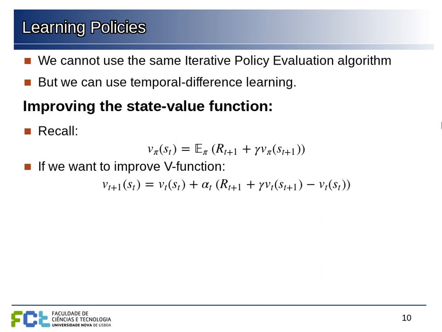So this would be our estimate of the expected return if we are in state t. And this would be the reward that we are going to get and the estimated discounted return when we are in state t plus 1.